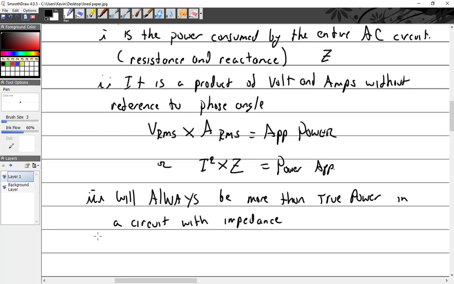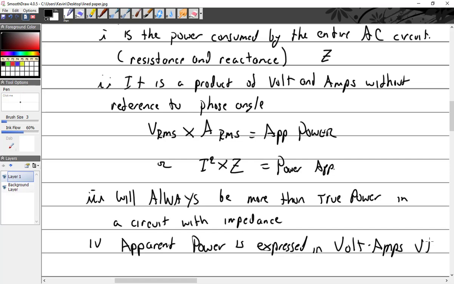It's 3 I's and then IV. Apparent power is expressed in volt amps, or VA, volt amps.